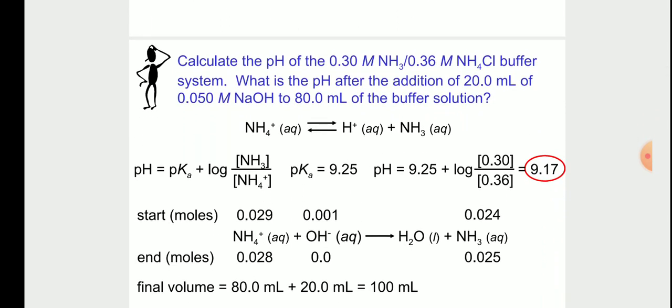Another example is the ammonium solution, that is ammonium hydroxide and NH4Cl.